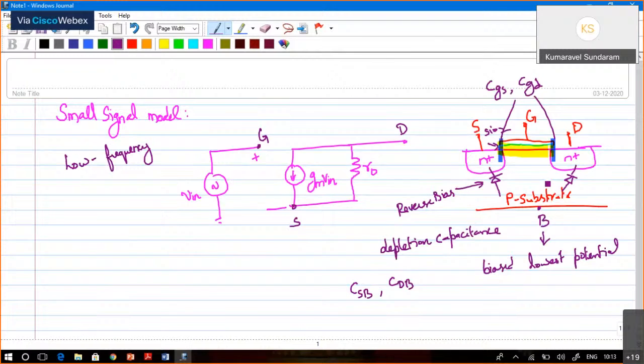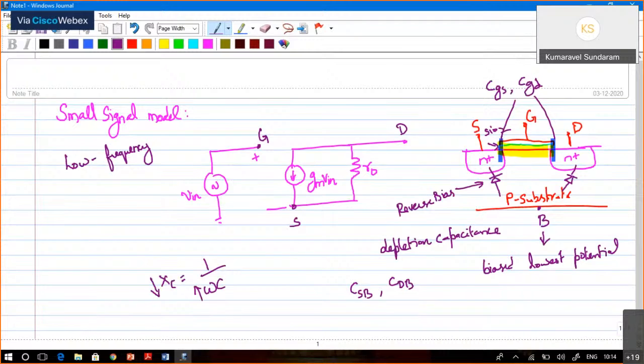These will have their effect in the high frequency domain because we know the capacitive impedance is given as XC equal to 1 by omega C. So as frequency increases, the impedance decreases. It may act as a short circuit at high frequency, and then the device is no more a MOSFET.